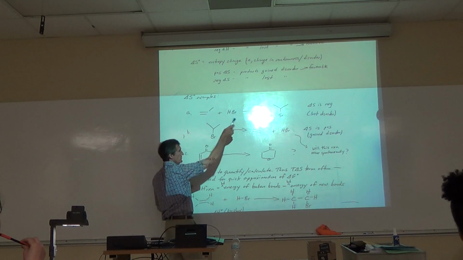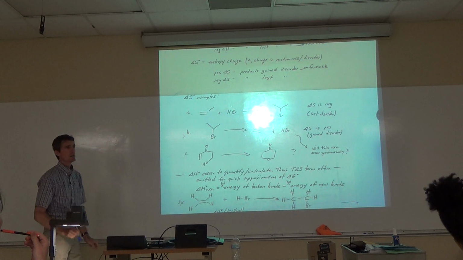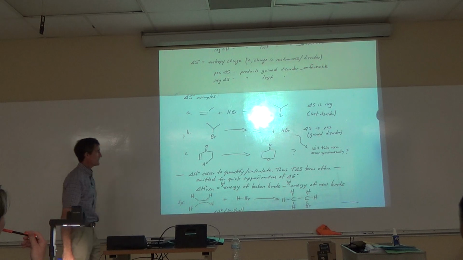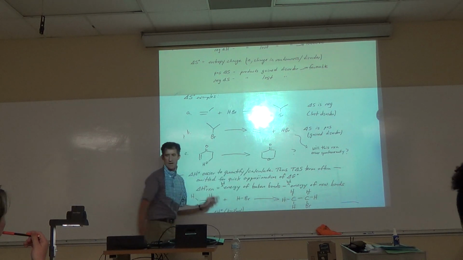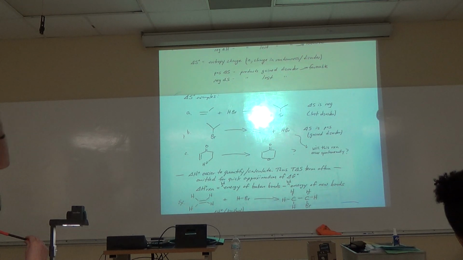Up here we had 1 to 2, 2 to 1. This is 1 to 1. How do we judge this? The difference here is we made a ring. How is ring going to come into play here? My hands here, I can do all types of things, very random. The molecules like to move. We know how they prefer. They prefer maybe anti, but they still move. But what if I make a ring?